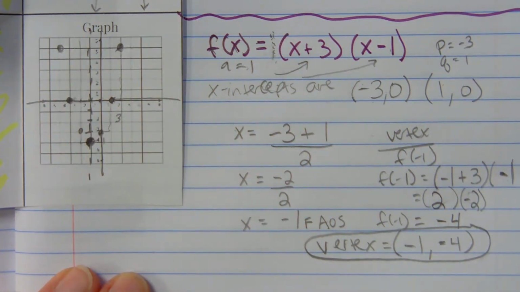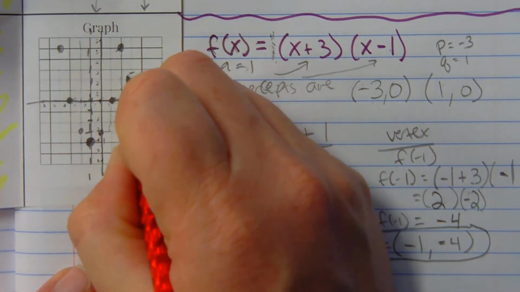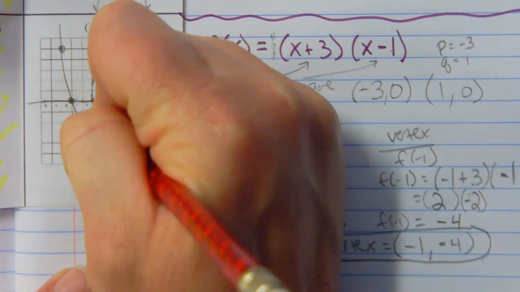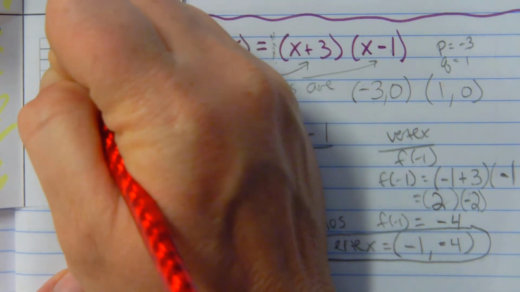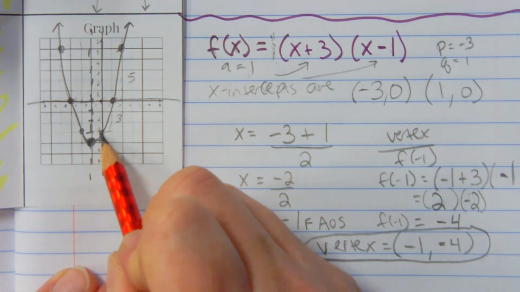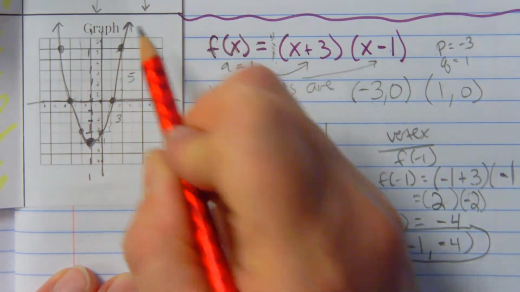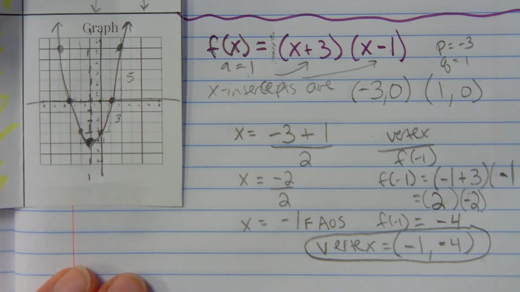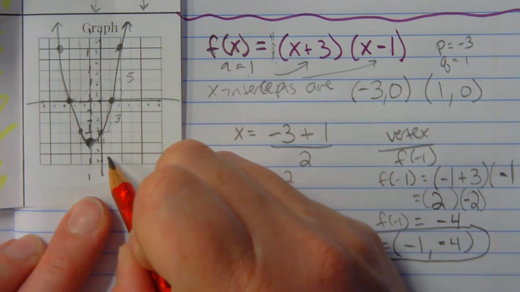Now I can make a nice U shape. So I can come down. I'm making a U, and I'm going to go back up. So I'm decreasing, I hit my vertex, and then I go back the other direction. And a nice smooth curve, not a V. Okay, and now let's put some information on here.